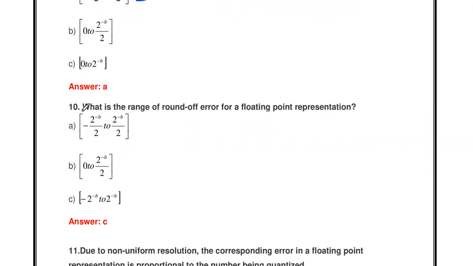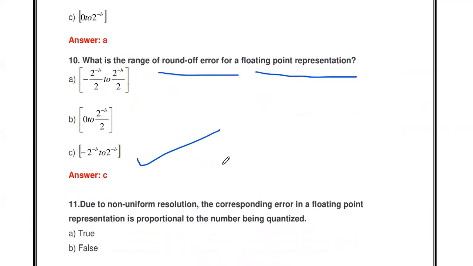You note down. Similarly, the round off error for floating point representation. If the number is represented in floating point, the round off error range is minus 2 to the power minus b to 2 to the power minus b. Okay, so this is the answer.